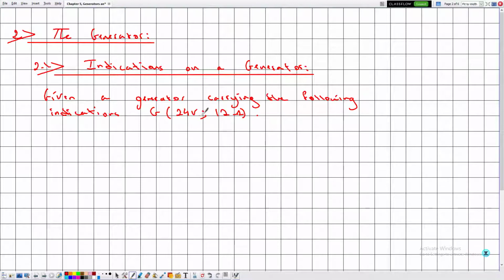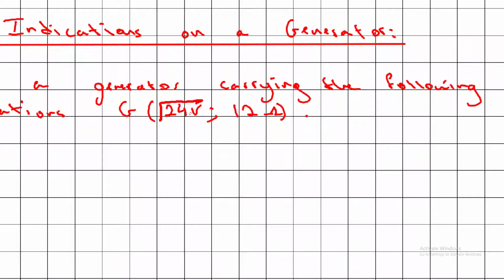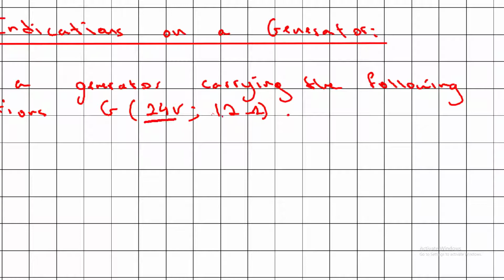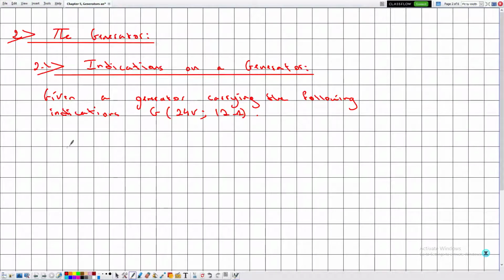Previously, in all the cases that we have discussed, the generator only carried one indication. Now in this case the generator carries two indications, 24 volts and 12 ohms, and now we want to answer the following question: what does each of the above indications represent?